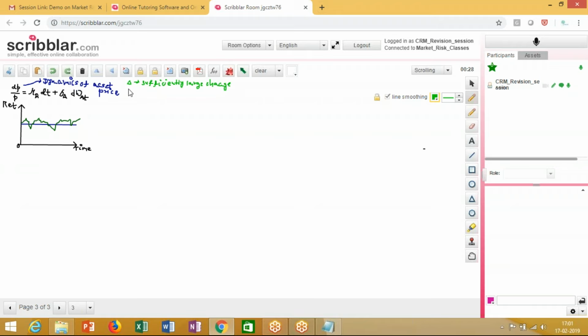The next part that we have over here is this d, which we use just to represent very small changes. So d is used to represent small changes.